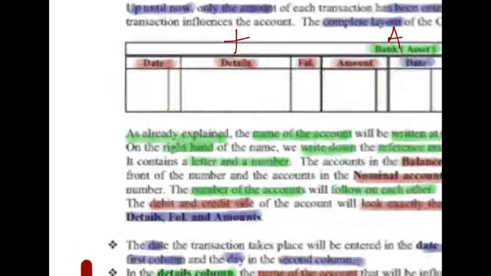If I can zoom in a little bit, we will write it as follows: 2015, June, for instance, 15th. So that's how I will write in the date.